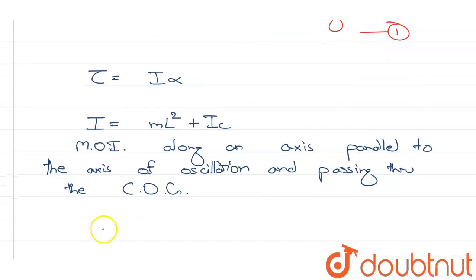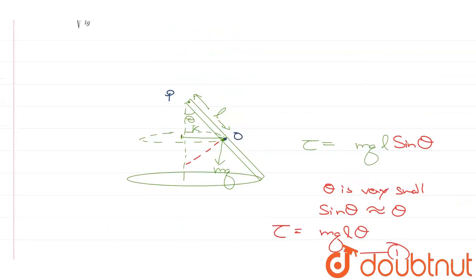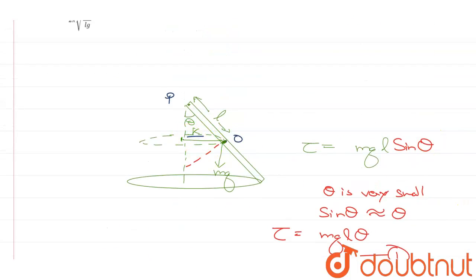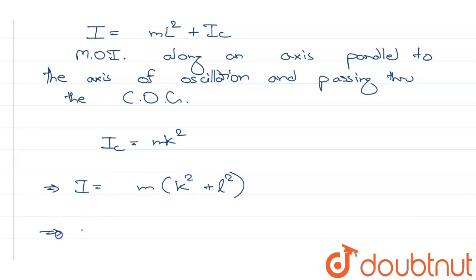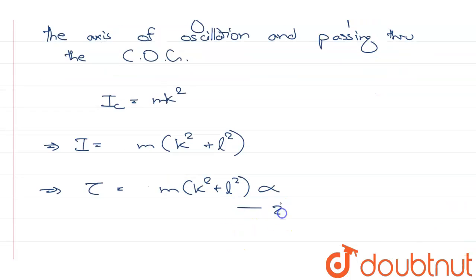So that means IC will be equal to m, and since the radius of gyration at center of gravity was k, IC will be equal to mk square, which means the net moment of inertia will be equal to m into k square plus L square. So that means torque is equal to m into k square plus L square into alpha. This is equation number 2.